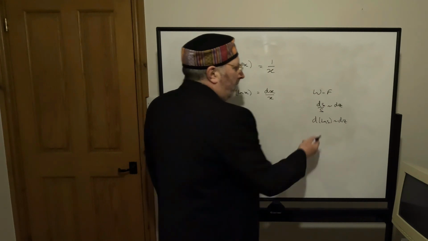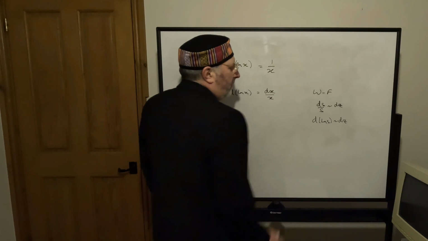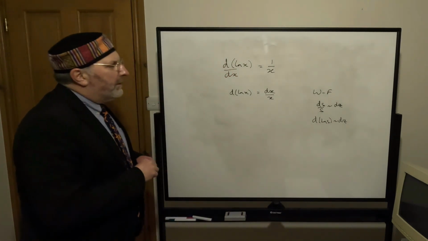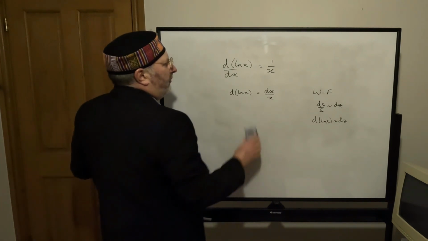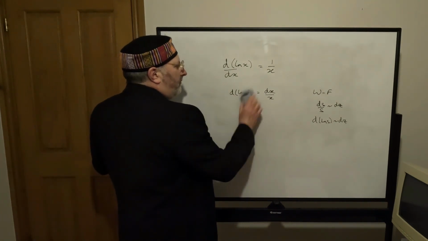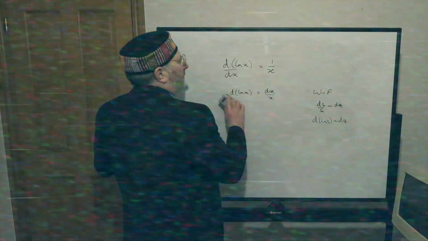So ds over s is the same as d of log s. And d of log x is dx over x. So the differential of the logarithm is equal to the fractional change.